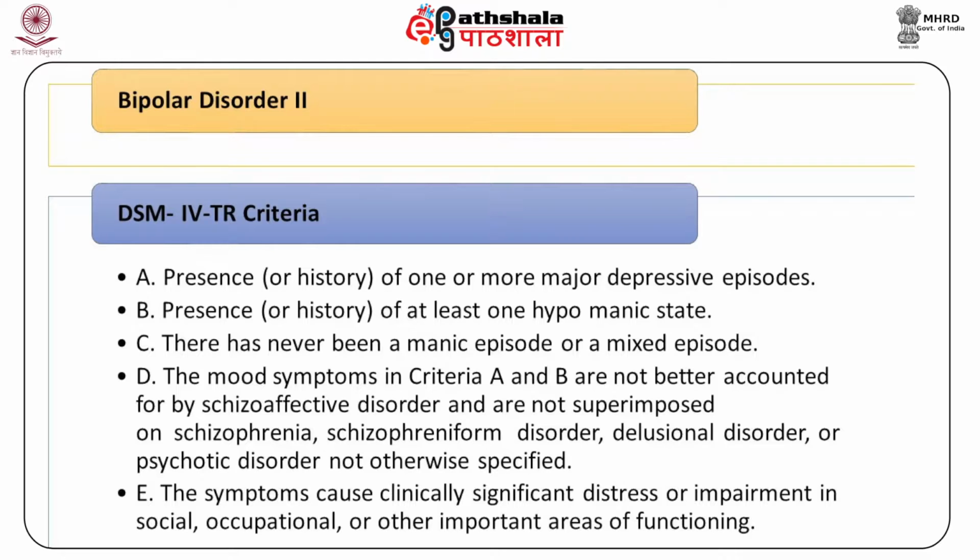E. The symptoms cause clinically significant distress or impairment in social, occupational or other important areas of functioning. Specify current or recent episode: hypomanic if currently or most recently in a hypomanic episode; depressed if currently or most recently in a major depressive episode.